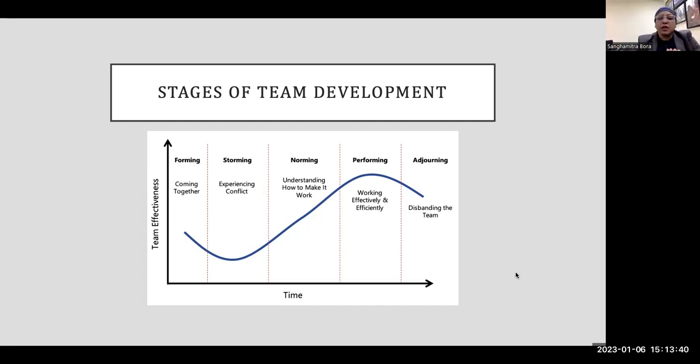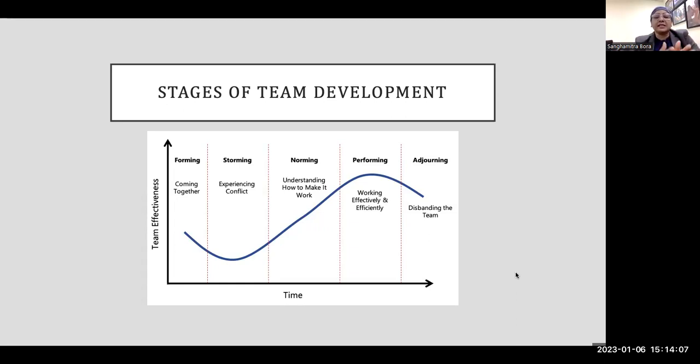Okay, so you can see this is a small graph where the y-axis shows effectiveness of the team, and the x-axis is the time. So the team effectiveness increases with time. That is the sole conclusion that we can get from this.